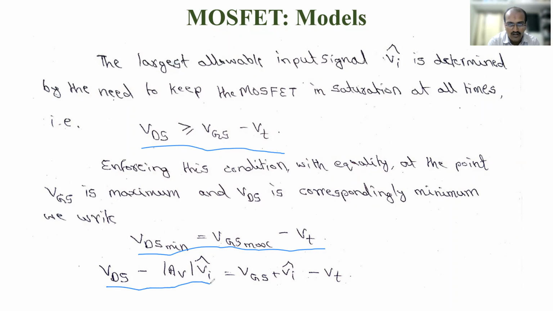Okay, the allowable input signal Vi dash we will just multiply, and VG max means VGS plus Vi dash. So here for minimum I have subtracted, for maximum I have added it here, minus VT. Now we'll substitute the values of VT, VDS, everything, and we'll get the Vi. So we need to find this Vi value, the maximum allowable voltage swing.